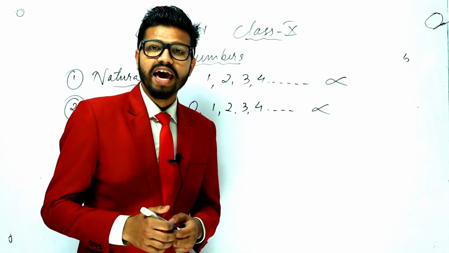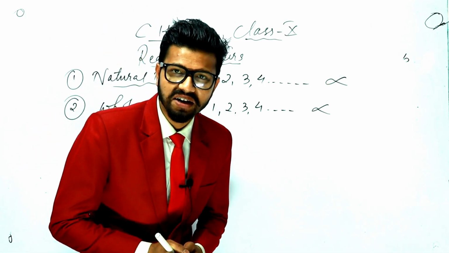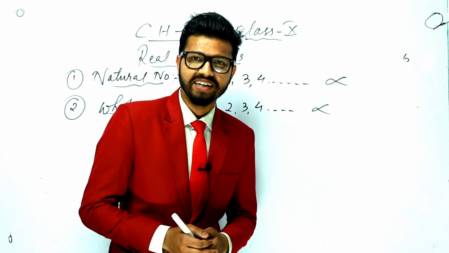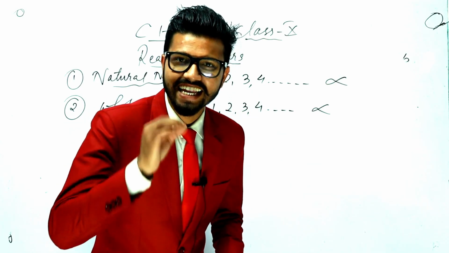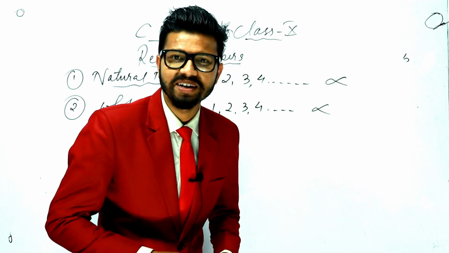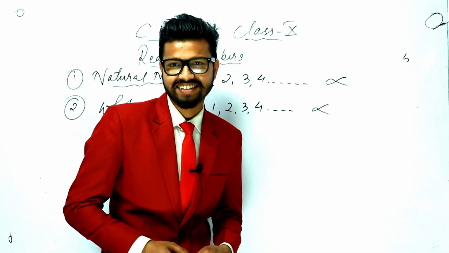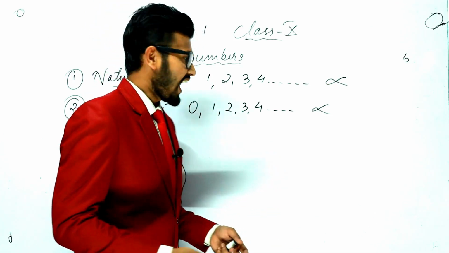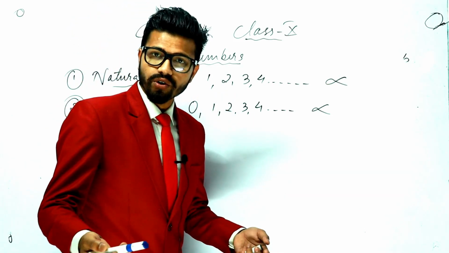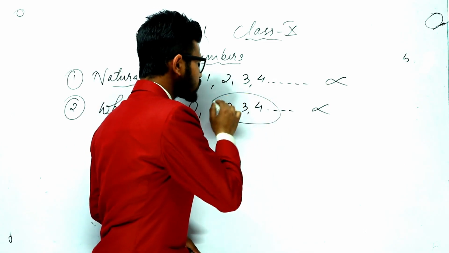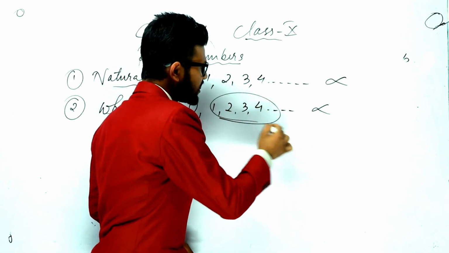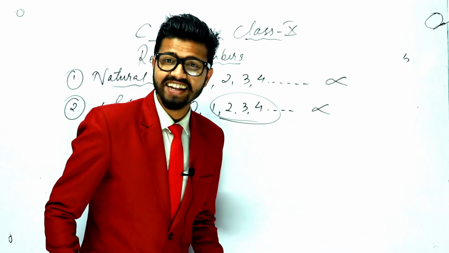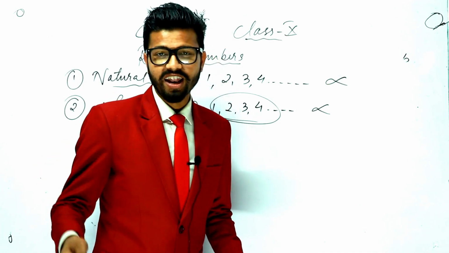Let me ask you a question. Is every natural number a whole number? Definitely yes, because natural numbers start from 1 while whole numbers start from 0, so 1, 2, 3, 4 are already included. So natural numbers are whole numbers.